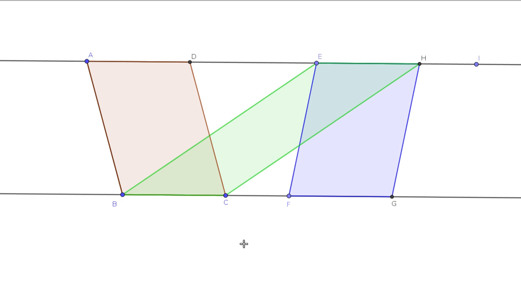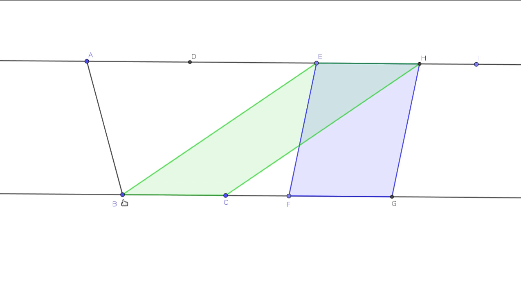All right, so if we look at these bases that we have here, so now let me turn that parallelogram off and that parallelogram. No, maybe I want that one. Then, because we know that segment BC is going to be congruent to segment FG, we can do the same trick that we did before and add on the segment CF to each one of those.